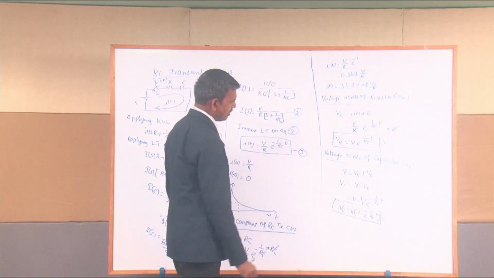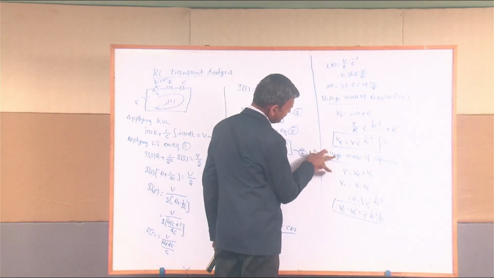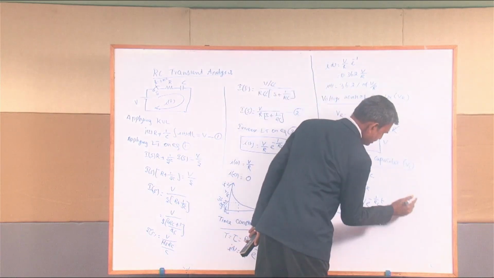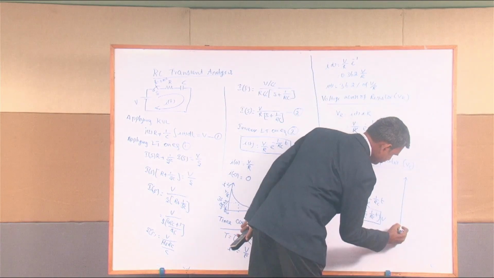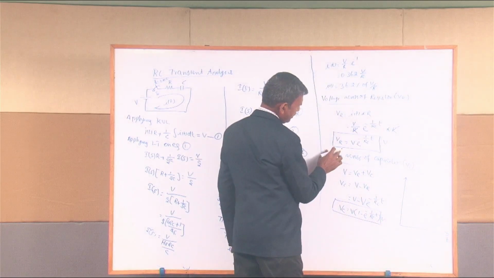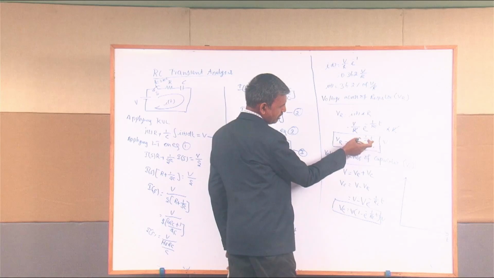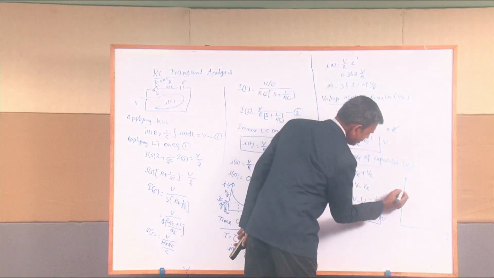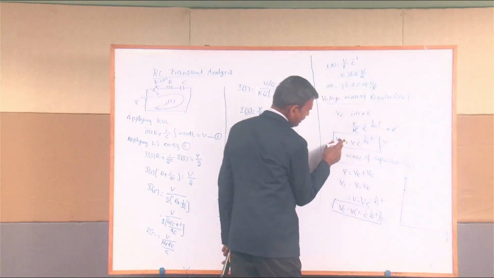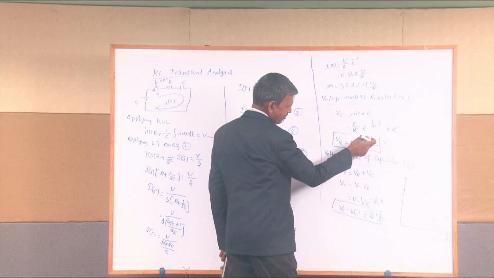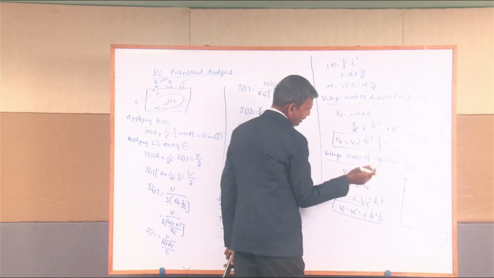Now we can draw the response curve for the voltage across the resistor and the voltage across the capacitor. For the voltage across the resistor, first we substitute t equal to 0, so e to the power 0 is 1, and we get the value V. Second, we apply t equal to infinity, so e to the power minus infinity is 0, and 0 into anything is 0.